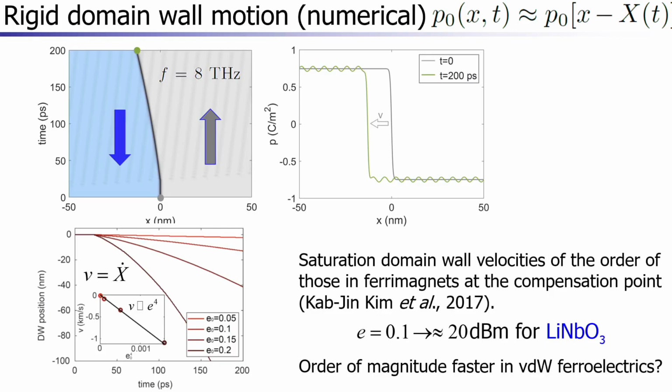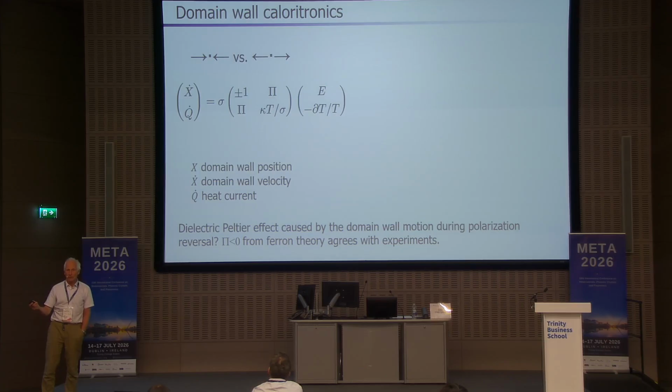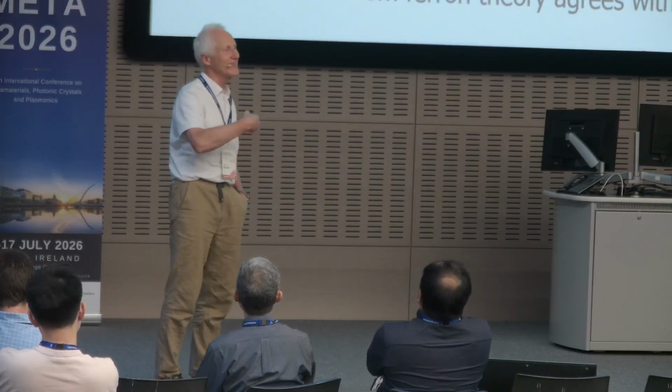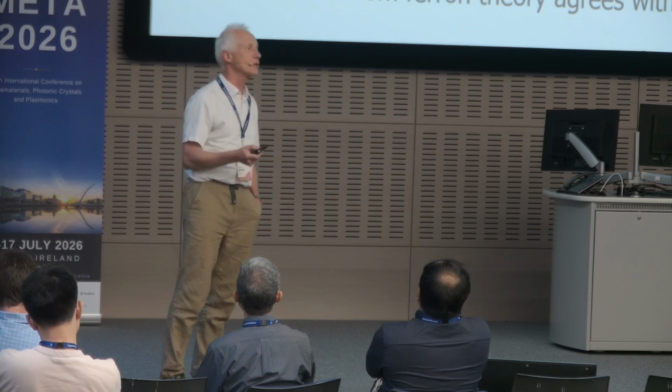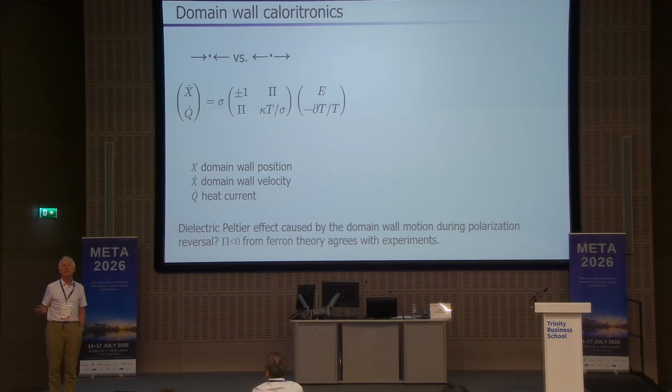But what has this to do with the dielectric Peltier effect? We now know that a current can move domain walls, right? Yes. Then oppositely, it means that a heat current, a ferron current, which can be generated by a gradient of the temperature, can move the domain walls.